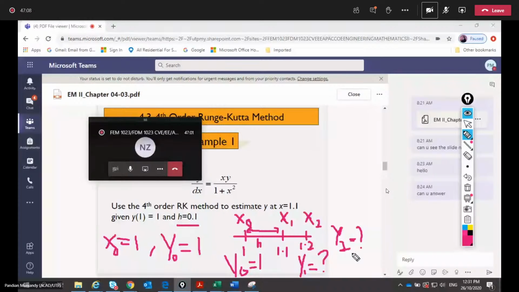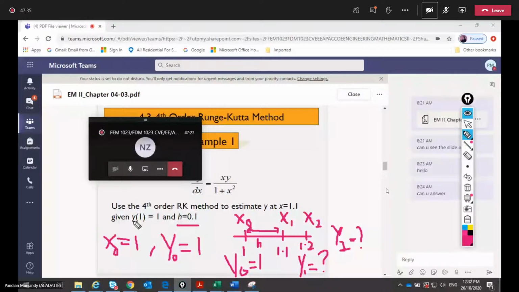This is very important, class, because from known input and output, you are finding the unknown output, because the input is known. What is the input? x naught is 1. This must be given. If this one is not given, you cannot solve.